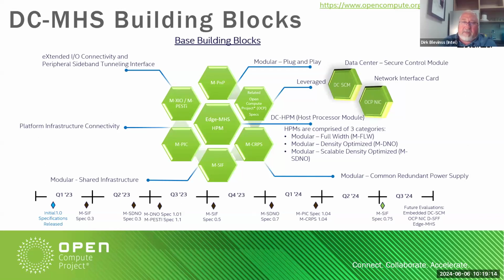So what are these things? This is more so just to give you a high level of what we're doing. I looked at the HPM as the heart of the system, of where things go. As I explained, we have the full width, the density optimized, the scalable density optimized. And then from there, there are these other building blocks, or Lego blocks, that go around the system. Be it the plug and play, which is a new one that's coming about.